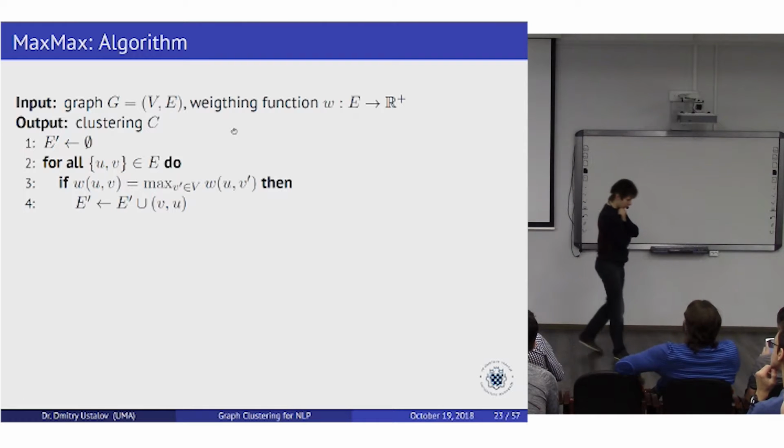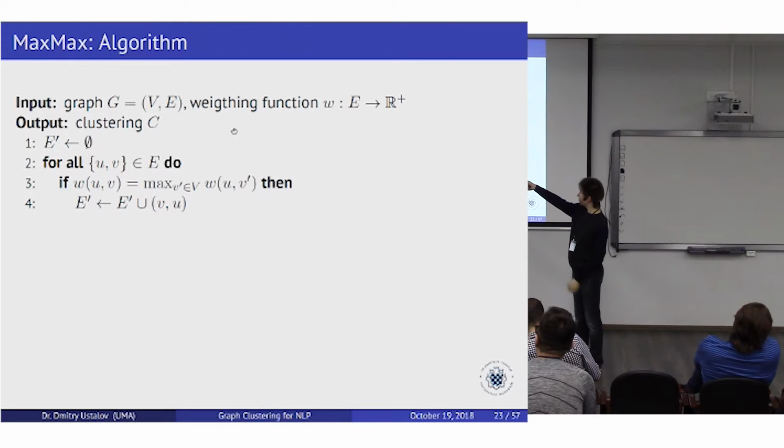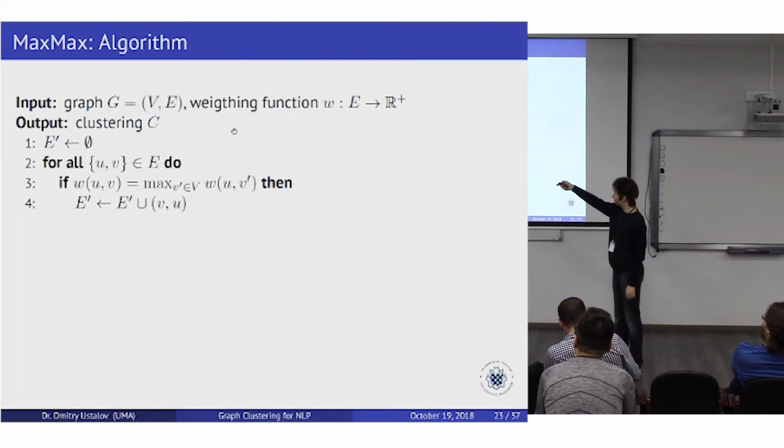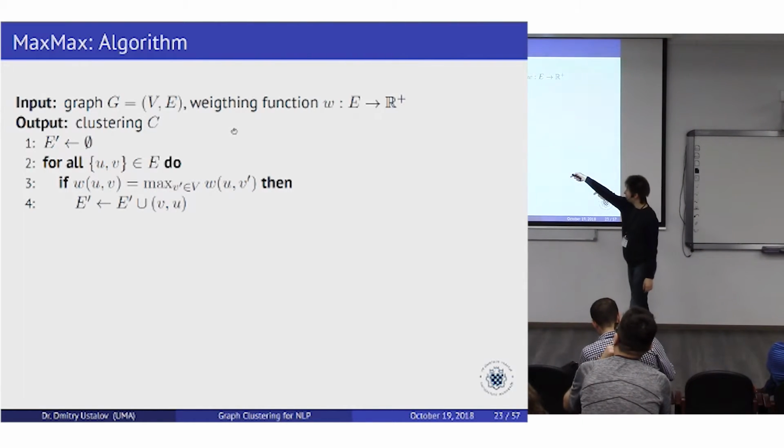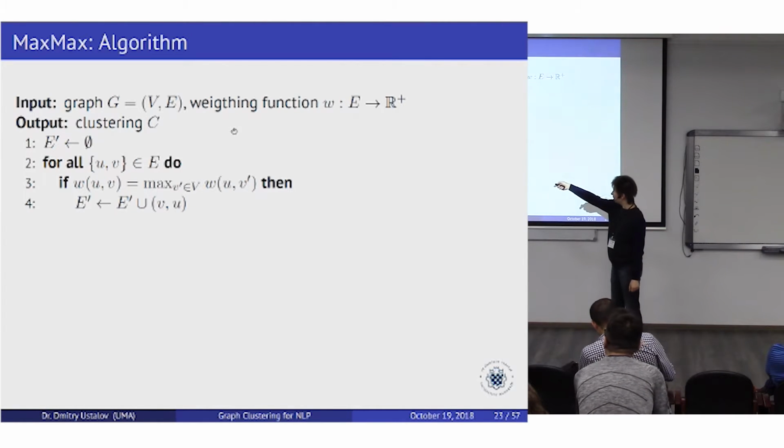As the first step, it does the following: for every edge U, V in the input graph, if the weight of this edge for U is the maximal in its neighborhood, then add a reverse edge to the E prime set.